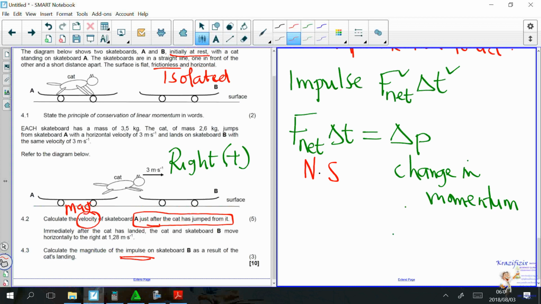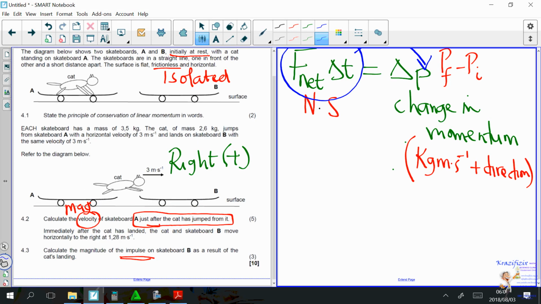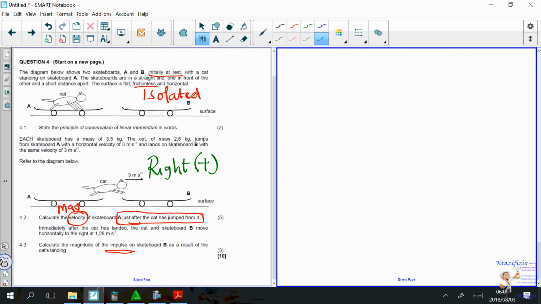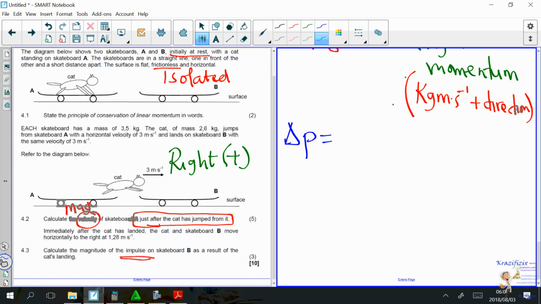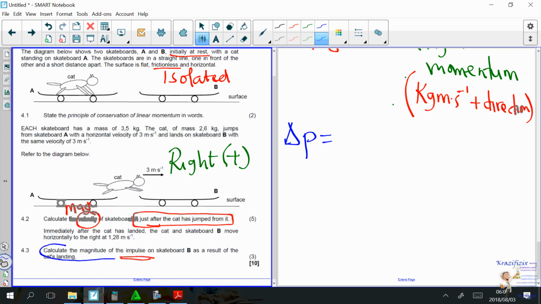Okay. Now, in this question, what do you notice? We do not have this, but this entire quantity is equal to this. Let's check. Can I use my delta P to calculate? The question says calculate the magnitude of the impulse on skateboard B. Let's see why I'm stressing that.